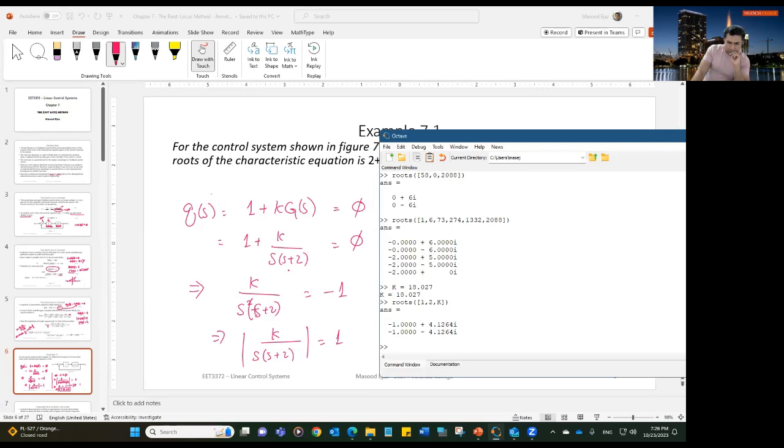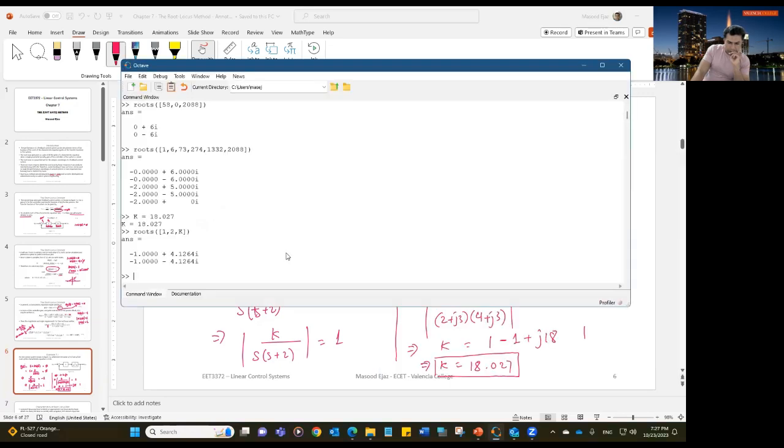S squared plus 2s plus K. Let's see. What it is now. So let's see. s is equal to 2 plus 3i.